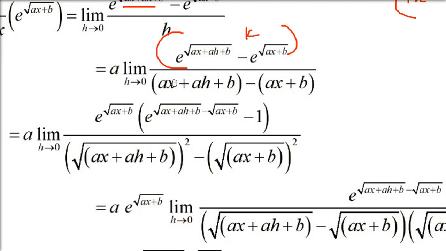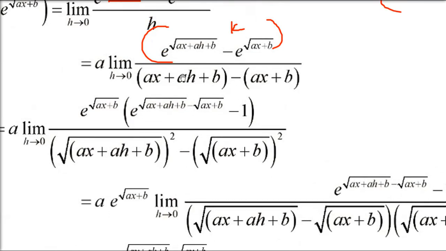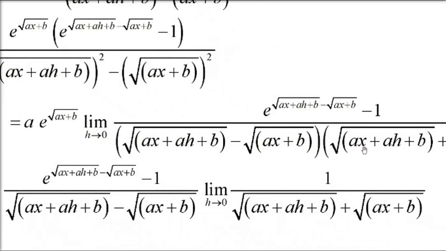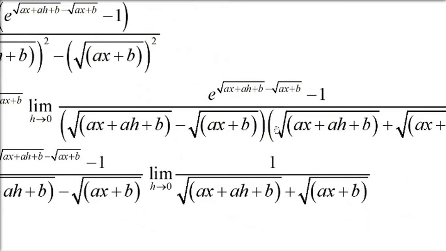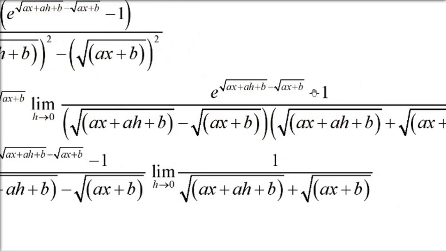Still it is not coming because in the denominator we have ax plus ah plus b, but we need under root. So you take under root and make it square. A square minus B square. Assume this to be A and B. A square minus B square, so A minus B, A plus B. Now this one and this one. And this is again becoming e raised theta minus 1 by theta.